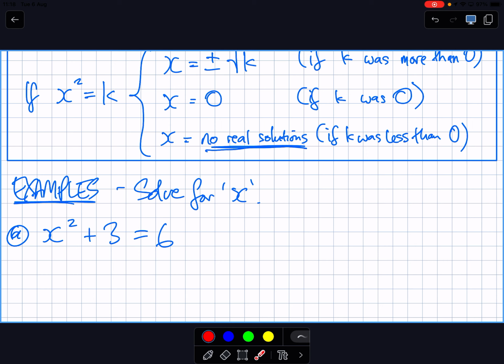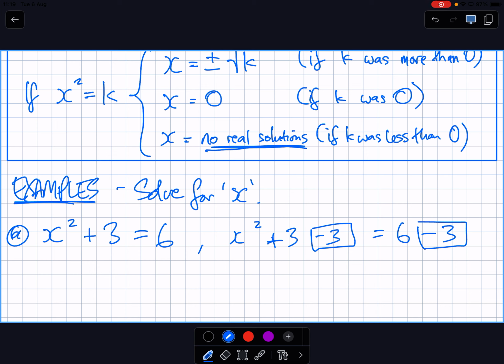Take 3. So if I took 3 from both sides, x squared plus 3, to get rid of it, I take 3. 6, take 3. What's going to be left on the left-hand side if I had plus 3 and take 3? Nothing. You're just going to have x squared left, equal to what's 6 take 3? 3.